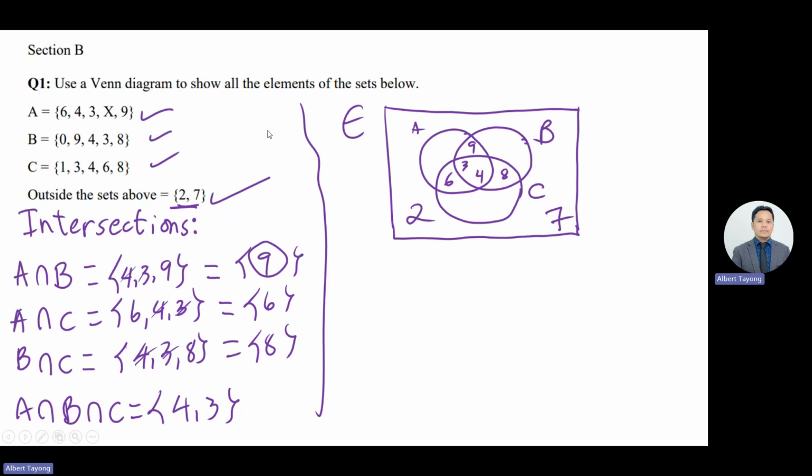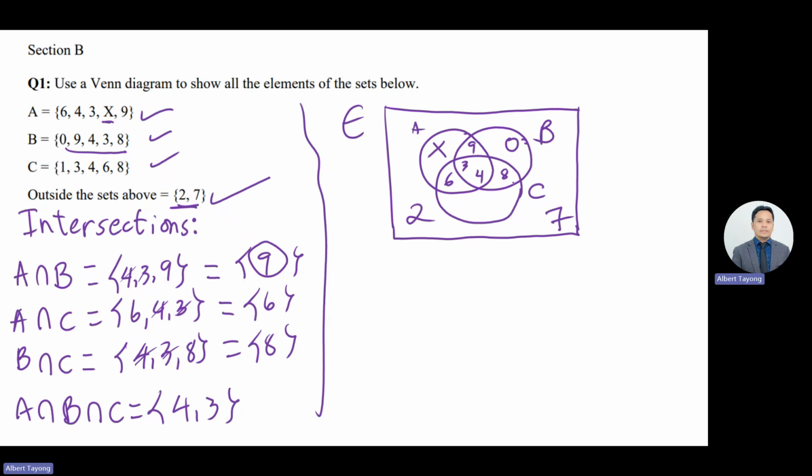Now let's look at our A. Our A contains 6, 4, 3, X, 9. We have already 6, 4, 3, 9 because A is until here. So this section is A only. So we're going to put our X there. For our B, we have 0, 9, 4, 3, 8. So we have to put our 0 here. That is B only because we have 9, 4, 3, 8 already.